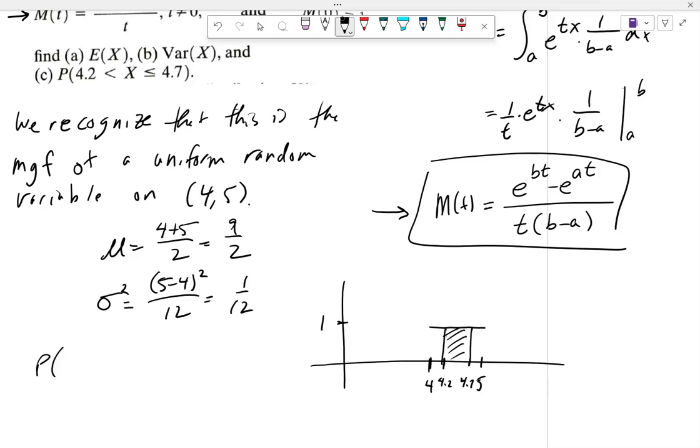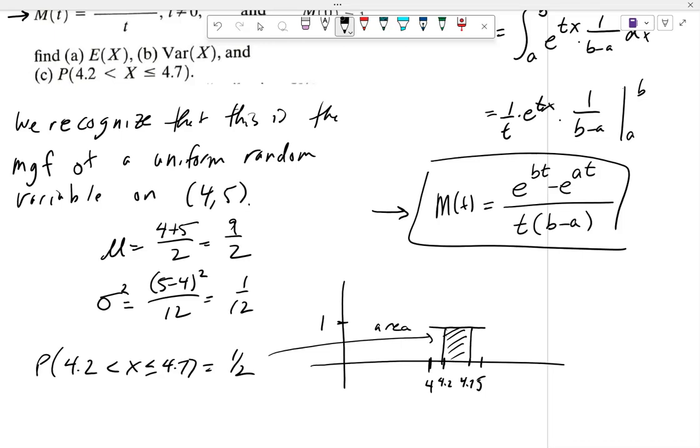So our probability that x is between 4.2 and 4.7 will just be 1/2.